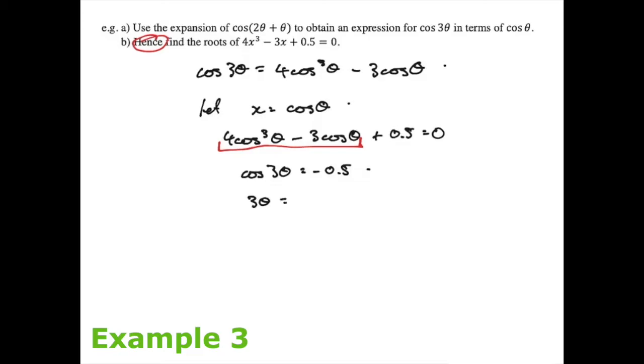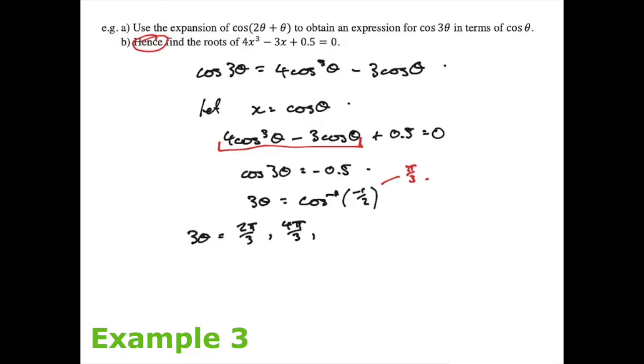So when is cosine 1/2? Well, that is base angle of pi on 3, but of course we want negative, so we want 3 theta to be, when is it negative? That's the second and third quadrant, so that's going to be 2 pi on 3, 4 pi on 3, and eventually I'm going to divide everything by 3.